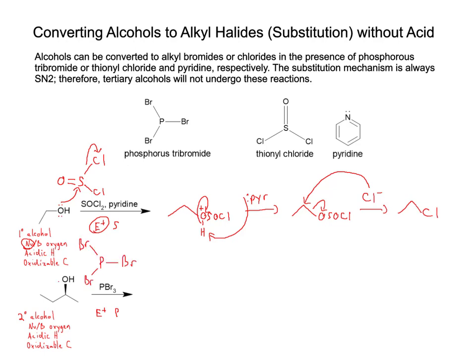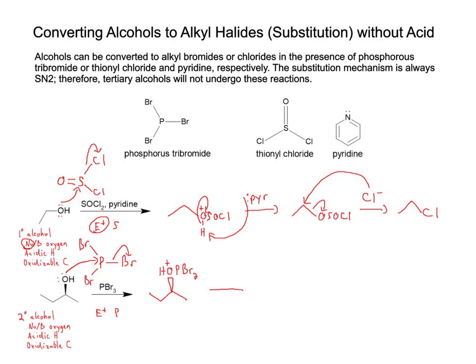In the bottom reaction, one of the lone pairs on that oxygen is going to attack the electrophilic phosphorus in PBr3, and of course that is going to kick off one of those bromine leaving groups. That's going to give us this OH PBr2 group, which is a fantastic leaving group.